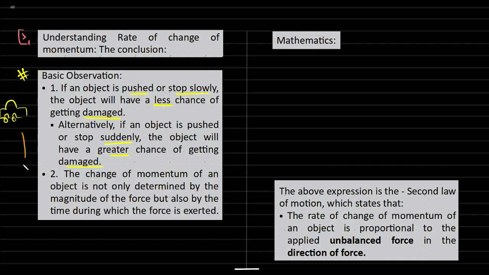But if someone happened to stop the car by hitting a tree, the damage is huge. That's it. This very basic commonsensical scenario is your first conclusion.